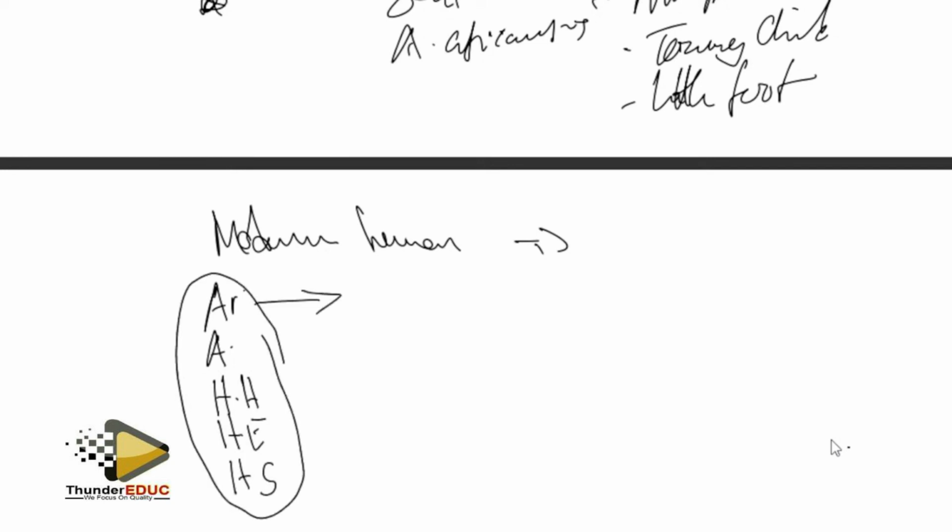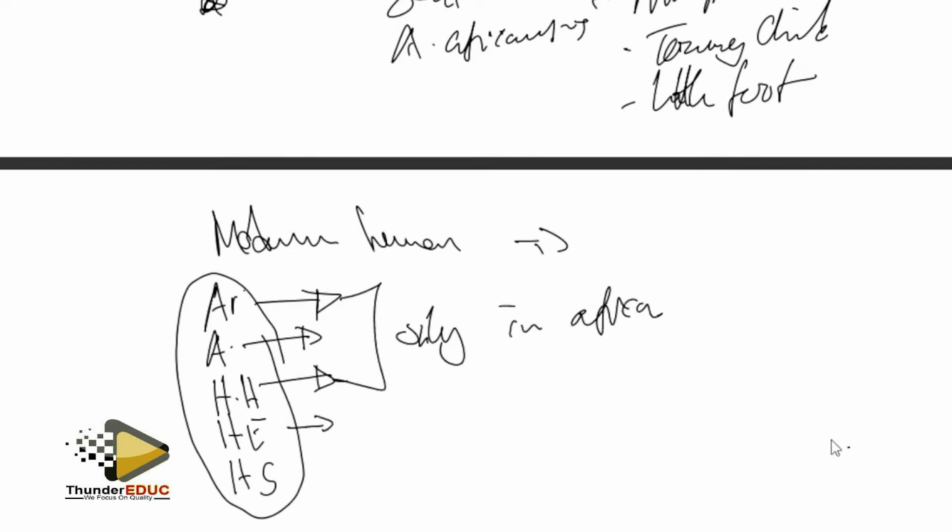Tell us that Ardipithecus, and then Australopithecus and Homo habilis were only found in Africa. Then when you reach Homo erectus and Homo sapiens, you say the oldest fossils were found or discovered in Africa.